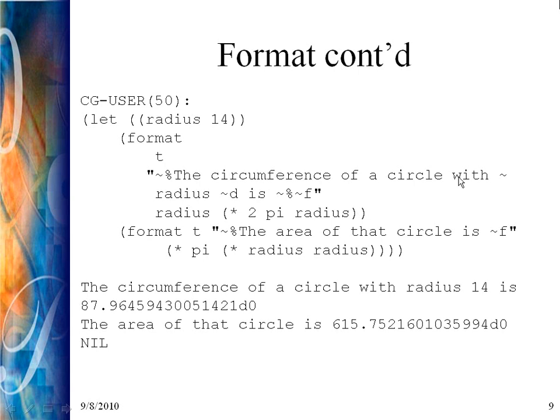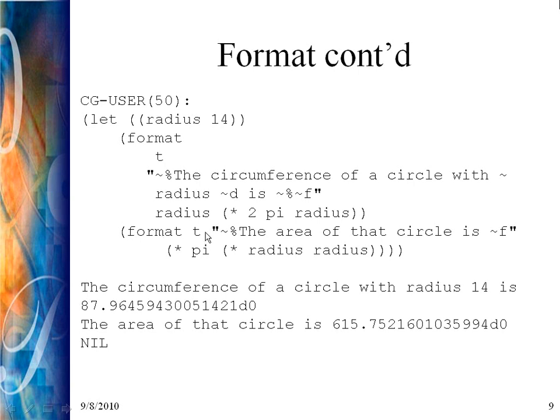We're saying the circumference of the circle with radius, tilde D means print a decimal, is tilde % means another new line, tilde F means print a floating point number. Radius is going to be a decimal, it's 14, and 2 pi is a constant with the value pi, and radius, that's how you get the circumference of the circle.